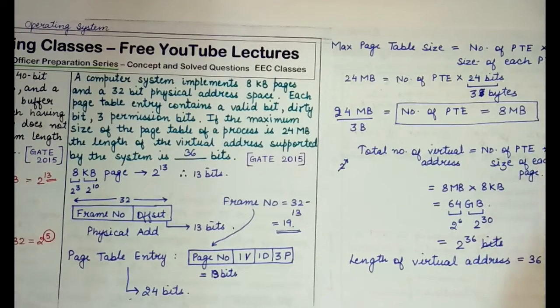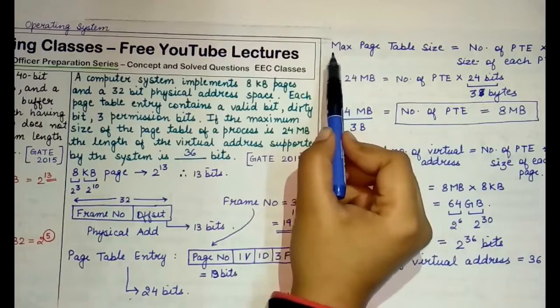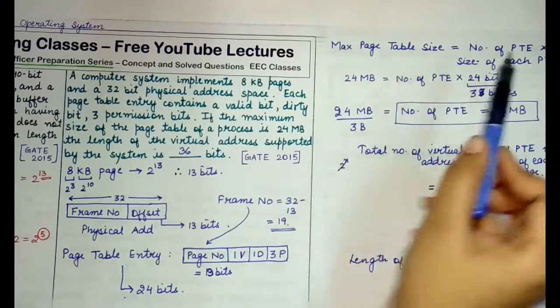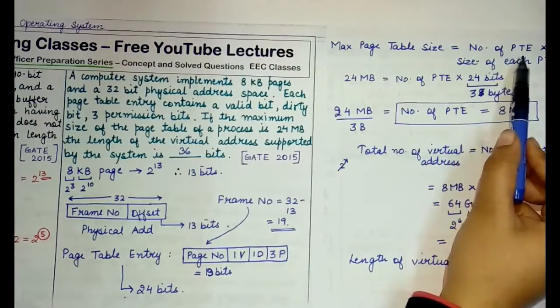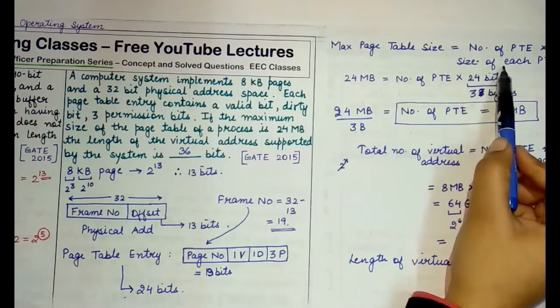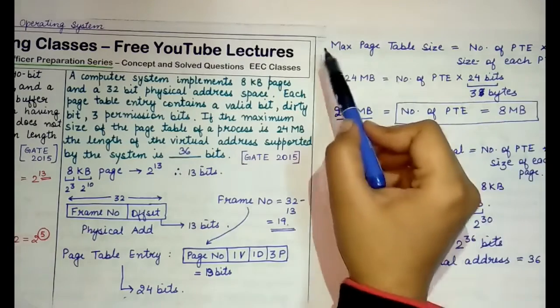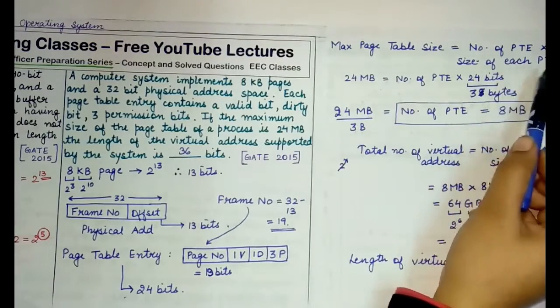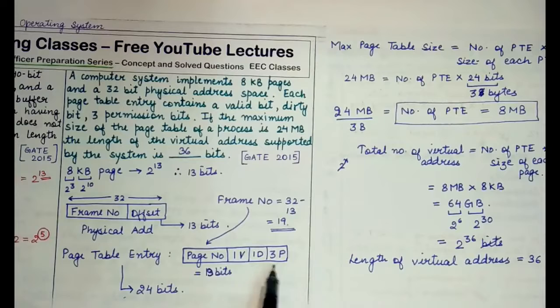How can we calculate the number of page table entries? It can be calculated by this formula, which states that the maximum page table size is equal to the number of page table entries multiplied by the size of each page table entry. This value is given to us as 24 MB, and the size of each page table entry can be calculated like this, where a page table entry has one valid bit, one dirty bit and 3 permission bits apart from the page number field.